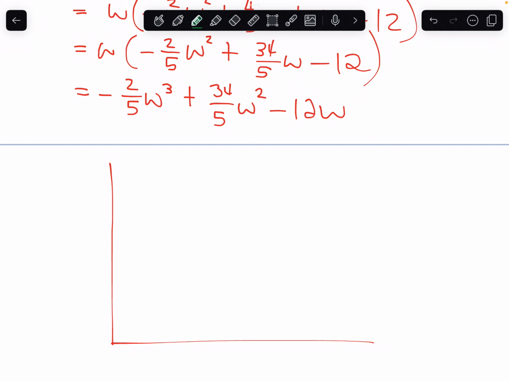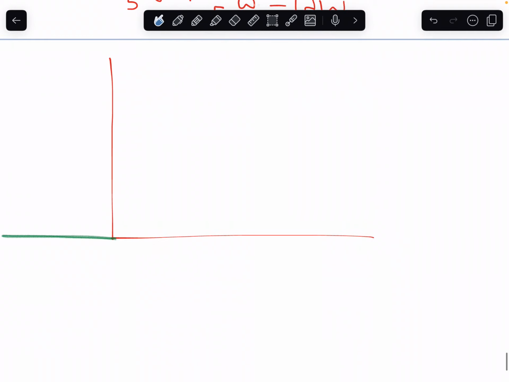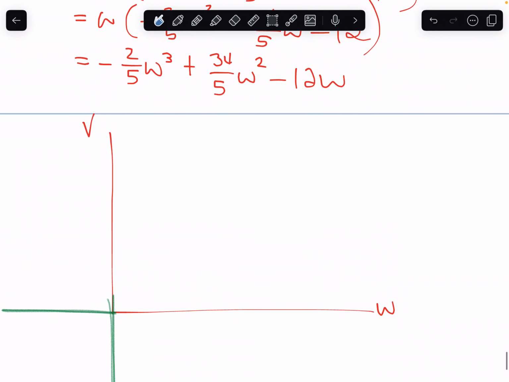Okay, I'll just draw in the rest of the Cartesian plane. So this is the graph of v against w, and it's a cubic function where the coefficient of the cubic term is negative, so we have something that does that.